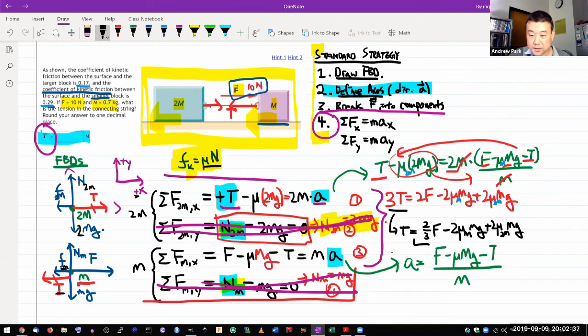This is an expression with everything known. We are given the value of the force, the friction coefficients, so make sure you don't mix them up, and the value of the capital M. So you can plug those in and get a value for tension.